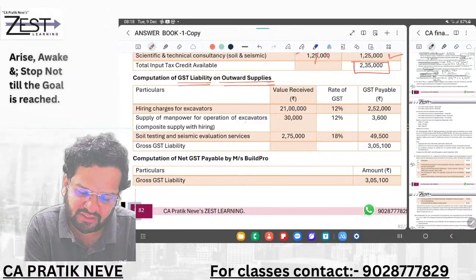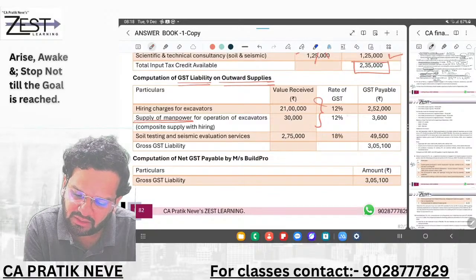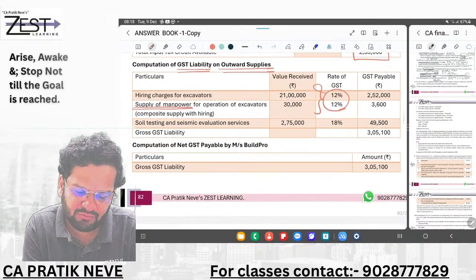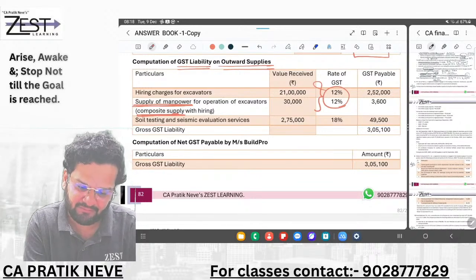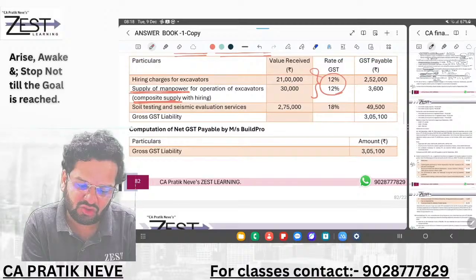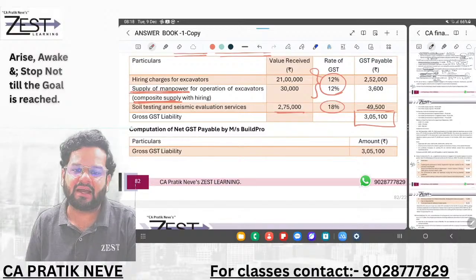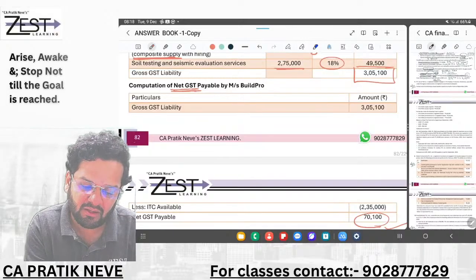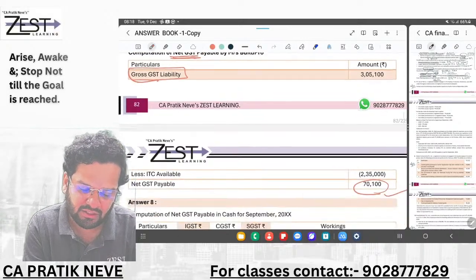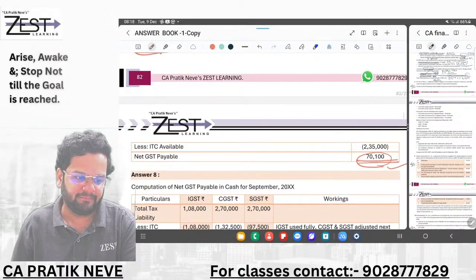So hiring charges of excavators and supply of manpower, on both of them together you calculated at 12% itself, because it is composite hiring, composite supply, supply of manpower, where principal is of hiring. Okay, then soil testing and seismic evaluation you took at 18%. You took the total 3,05,100, and then you computed net GST payable, which is output tax minus input tax credit.